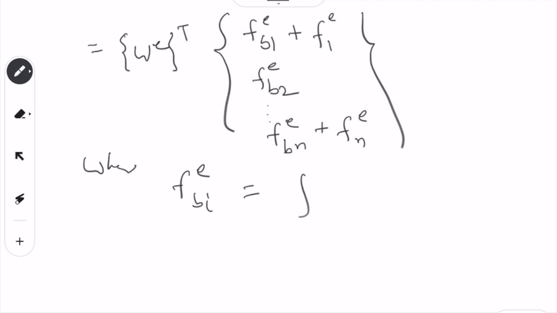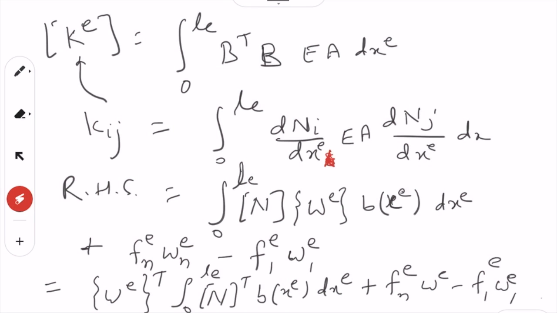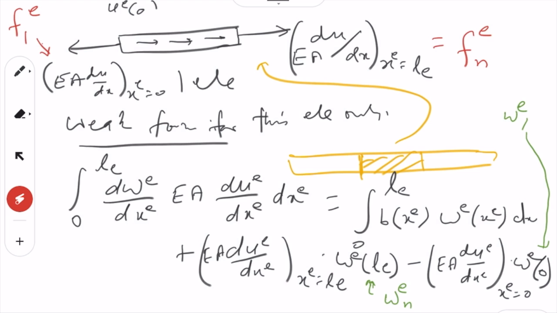F_EBi is equal to integral 0 to L_E of N_i times B_x E d x_E, and you know the definition of this. This we have here already, right? So this is equal to F_EN, which is this whole thing.